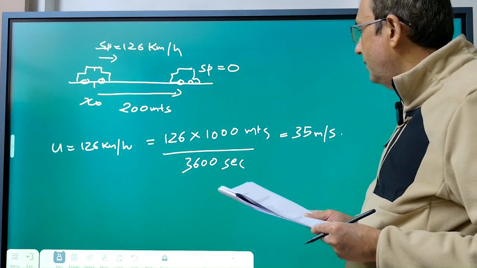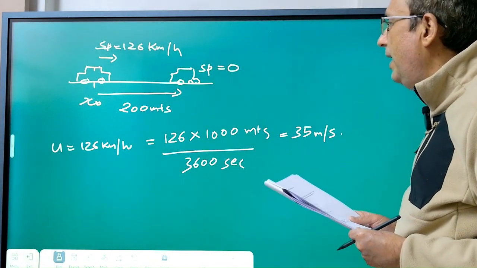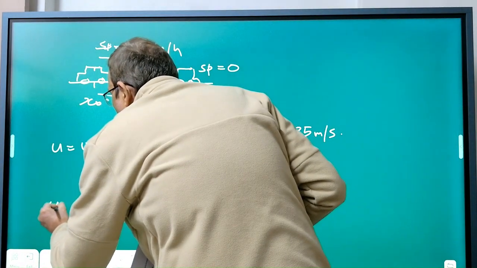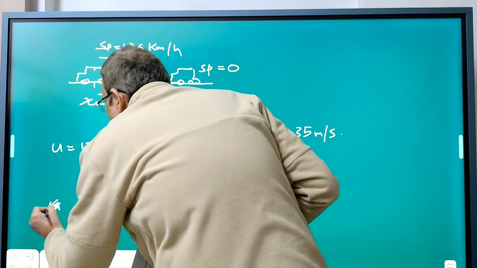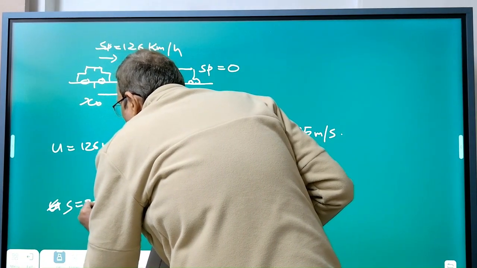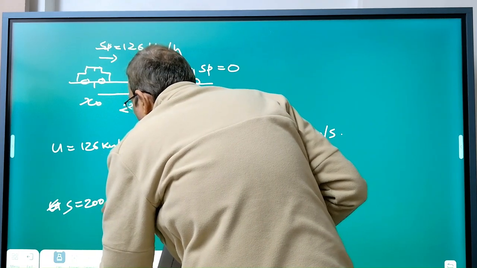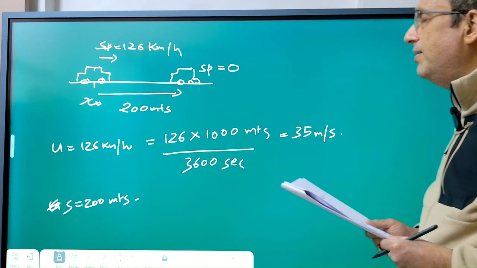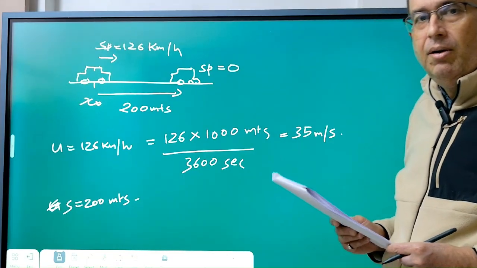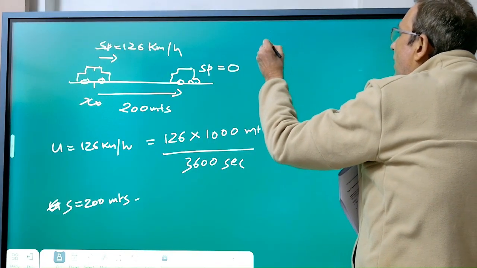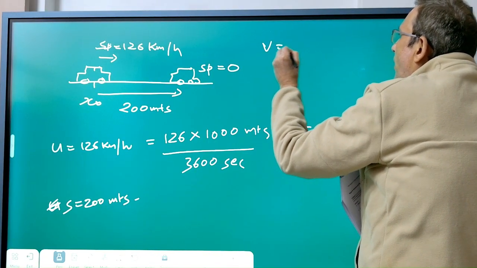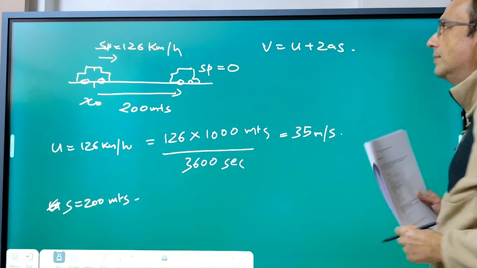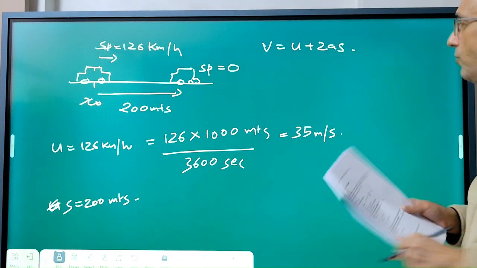Now, once you have 35 meters per second as u, then the displacement is s. Then what is he asking? The first question that he has asked is what is the deceleration. So you will use this formula, v square is equal to u square plus 2as. This is one equation of motion.